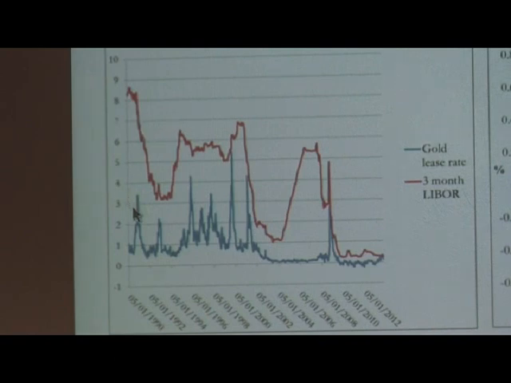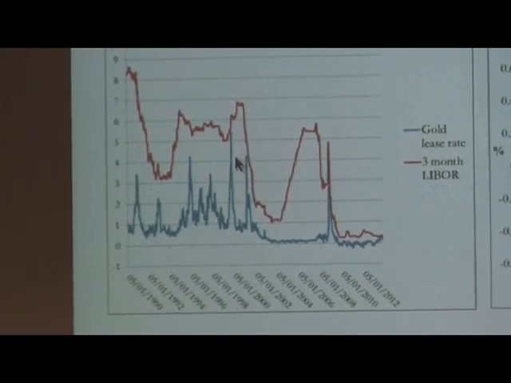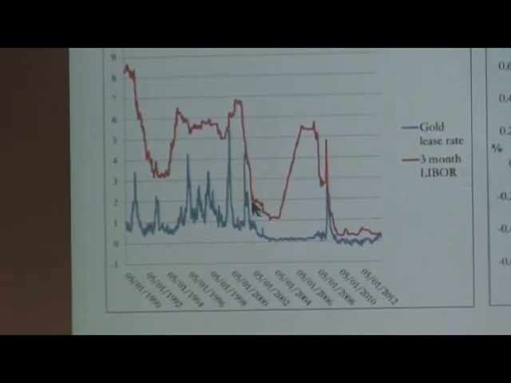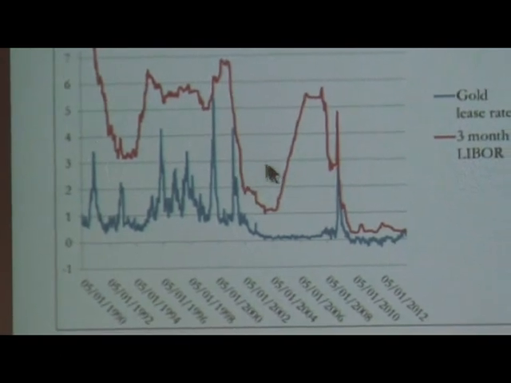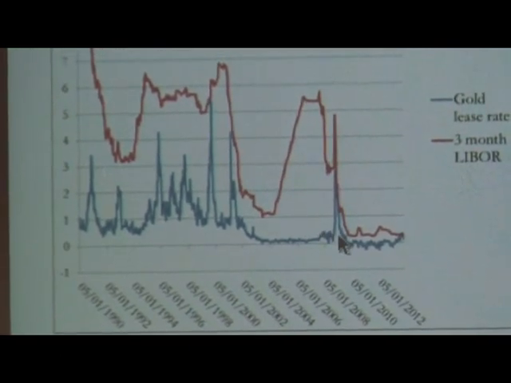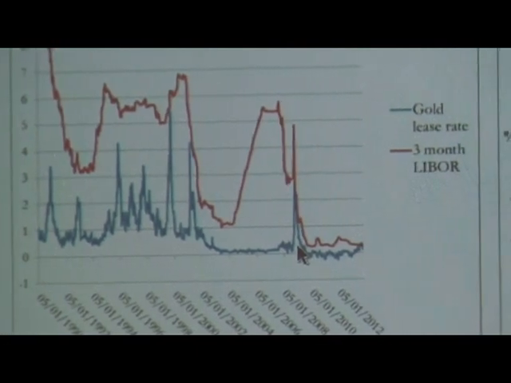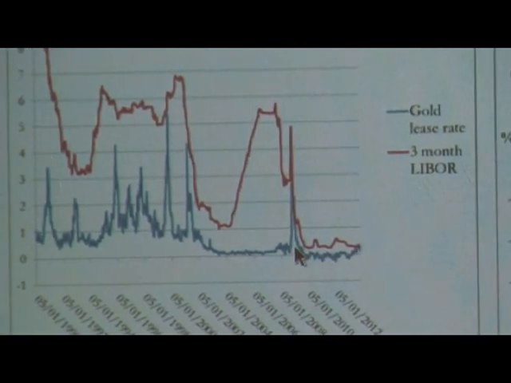Now you've had the odd spike here and there, and you had a huge spike here when the end of the Washington Agreement was announced. I can't remember what that spike was from. You had this spike during the great financial crisis, so the beginning of 2008.